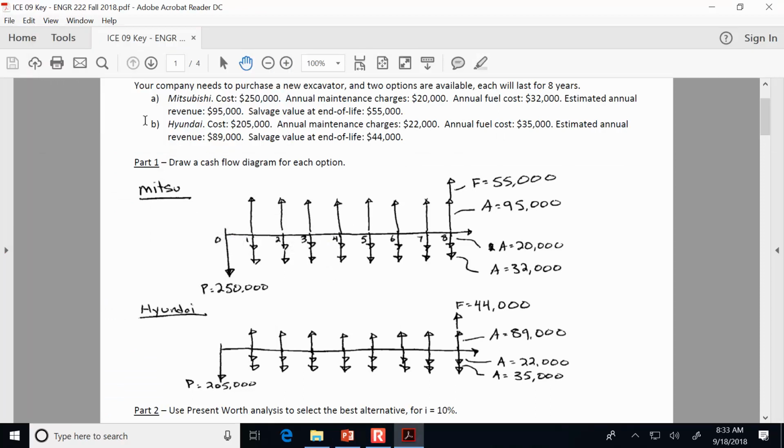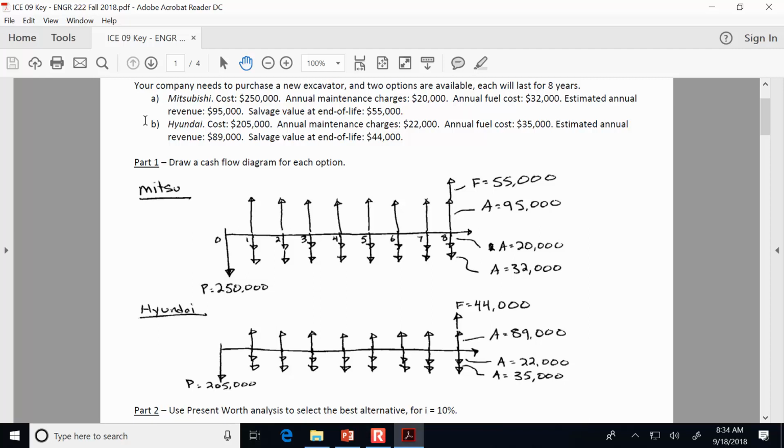So the first step is to translate the given cash flow statements into a diagram. We're comparing the Mitsubishi to the Hyundai, and it looks like the Mitsubishi has a greater first cost. Sometimes we call the present amount that you have to pay to acquire the item the first cost. If we look at the fuel cost, it's lower on the Mitsubishi.